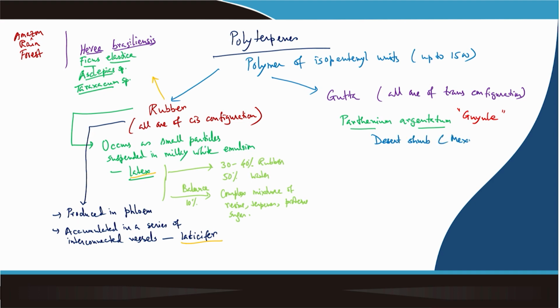This plant accumulates 20% latex by weight, and this latex accumulation occurs in the vacuoles of stem and root cells.